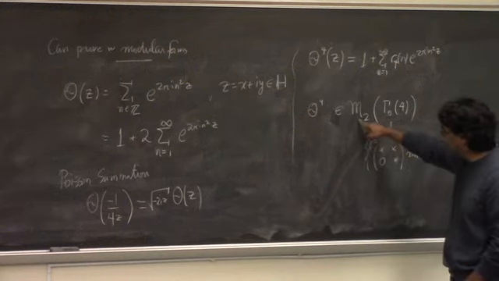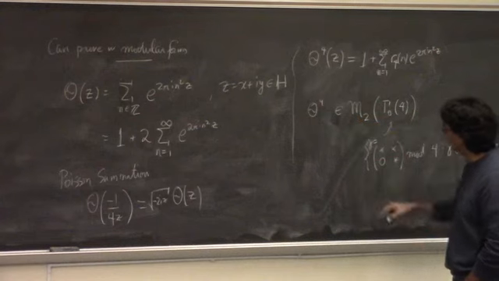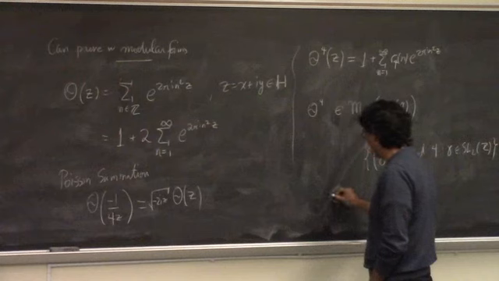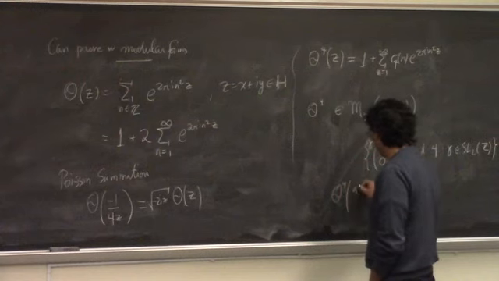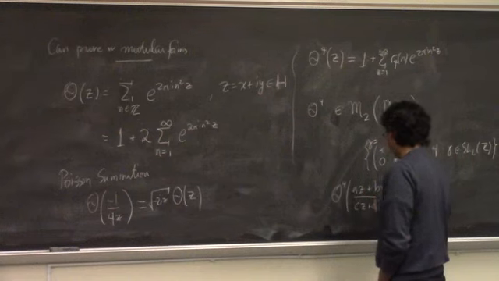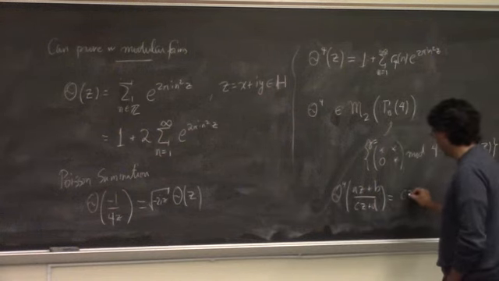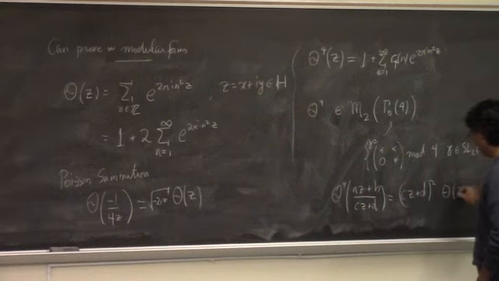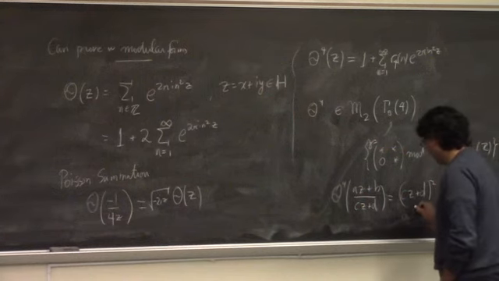And this vector space of holomorphic modular forms of weight 2 just means that theta to the 4th of (az+b)/(cz+d) is equal to (cz+d)^2 times theta to the 4th of z, for a, b, c, d in the group.